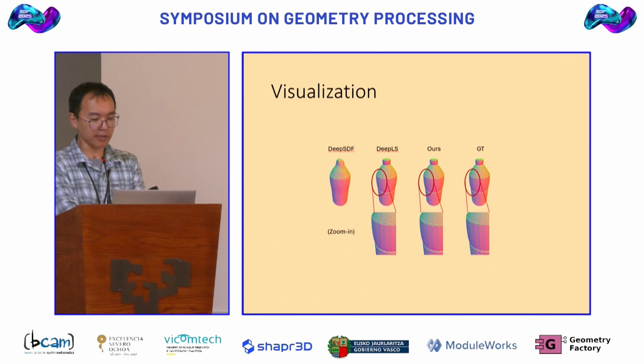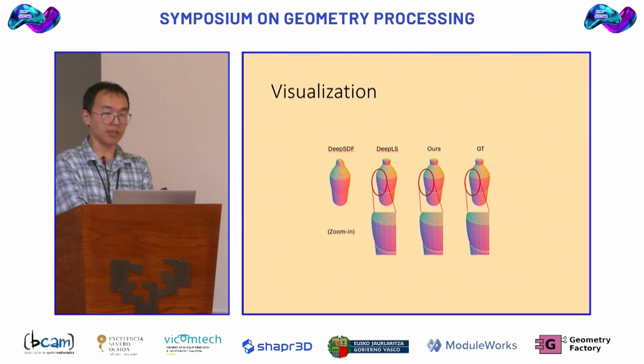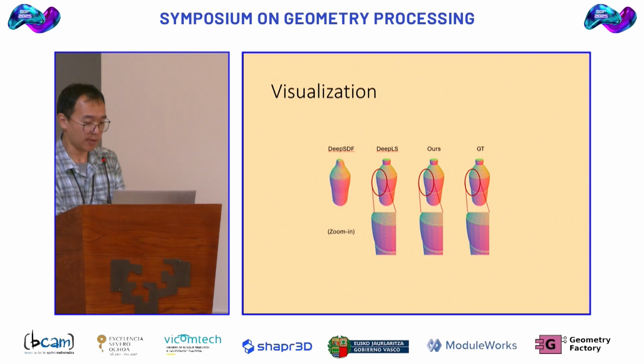So I also want to mention that the biggest population in 3D vision comes from the vision community. So I think they have limited knowledge about different geometry of surfaces.